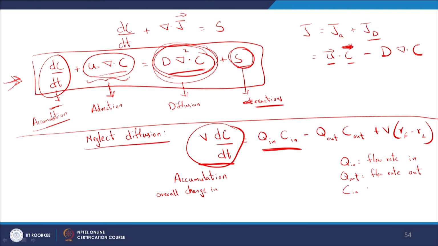C in is the concentration of your compound at the inlet. C out is equal to the concentration of your compound at the outlet, right, and V is your system volume.